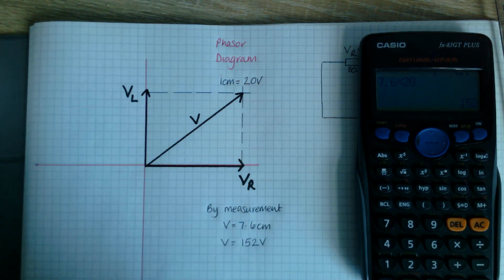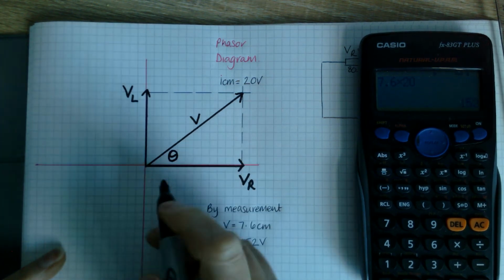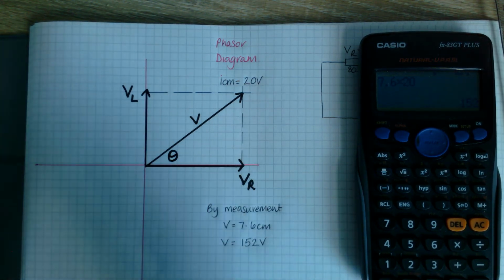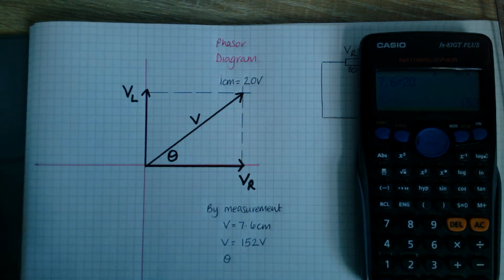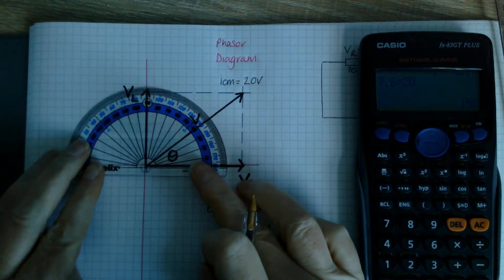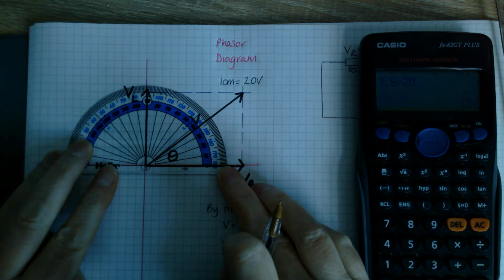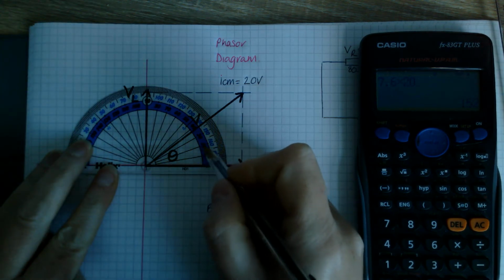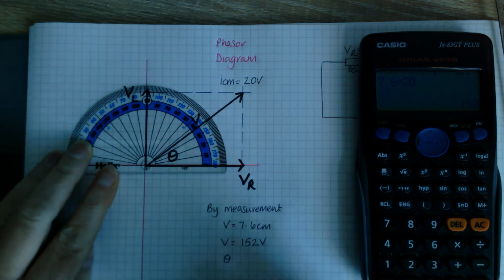I can also get my circuit phase angle from this, because my current, independent of length, will be in phase with my VR. So that's my angle in there. So by measurement, that angle using my protractor, we'll be counting up from here, 10, 20, 30, 5, 6, 7, 37.